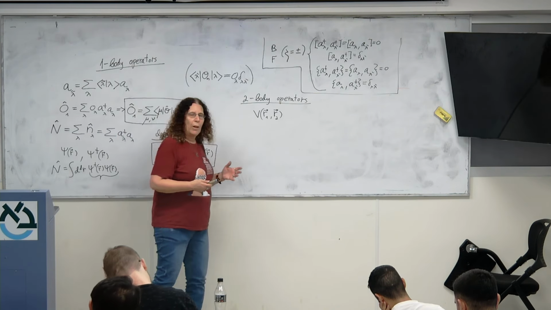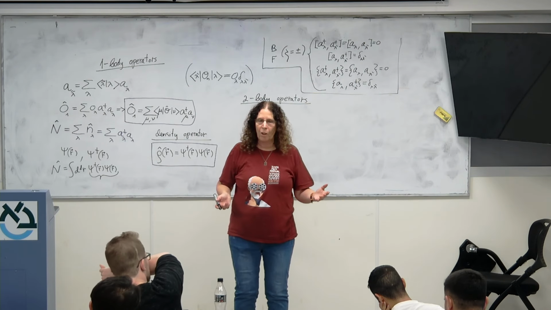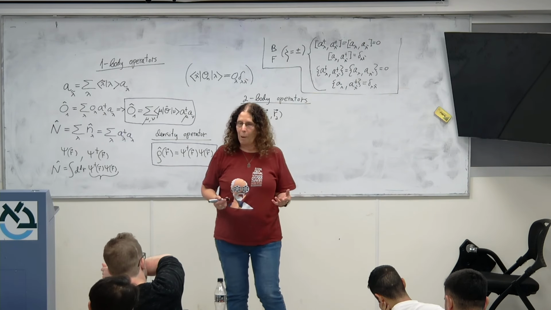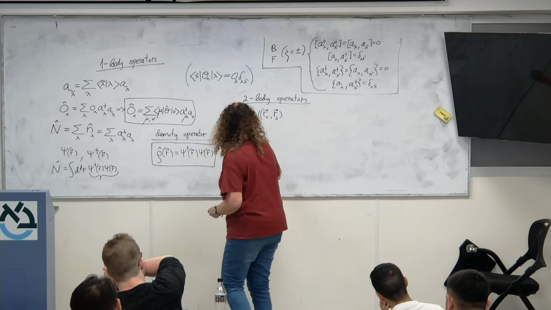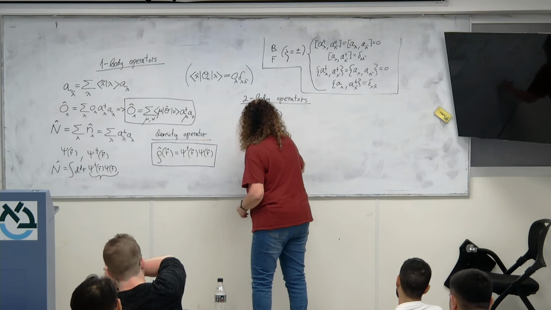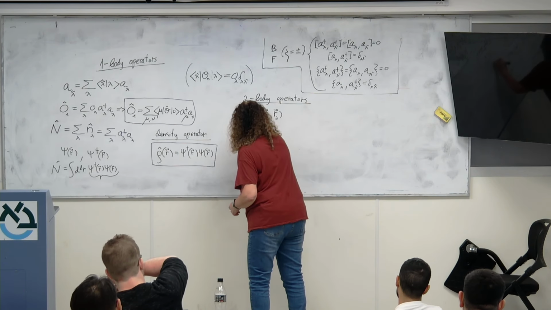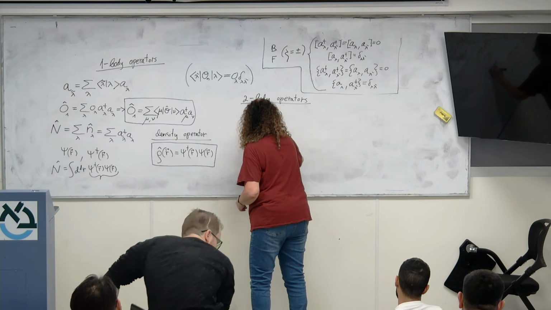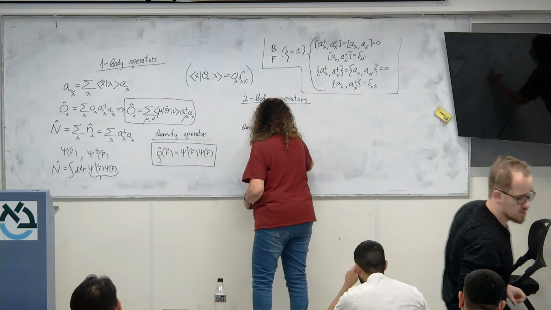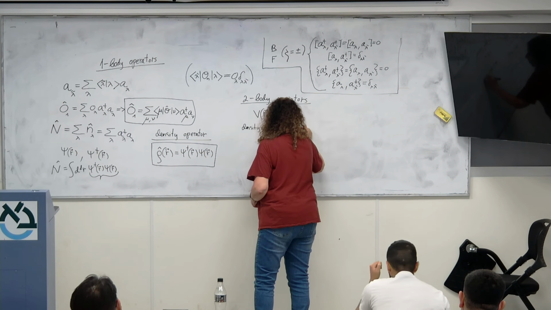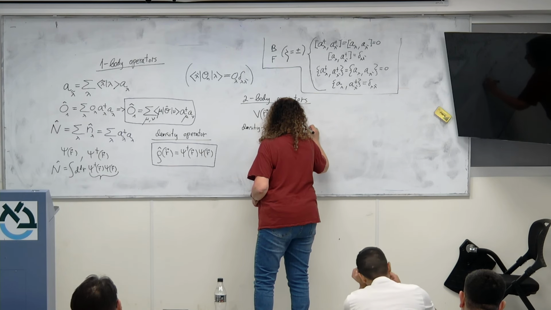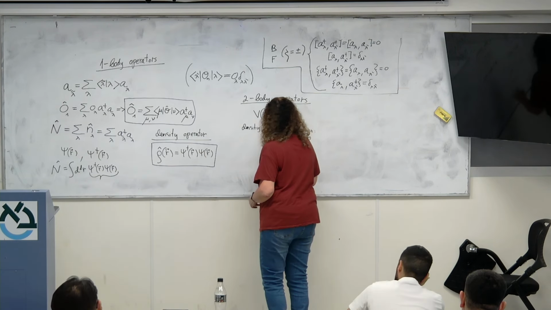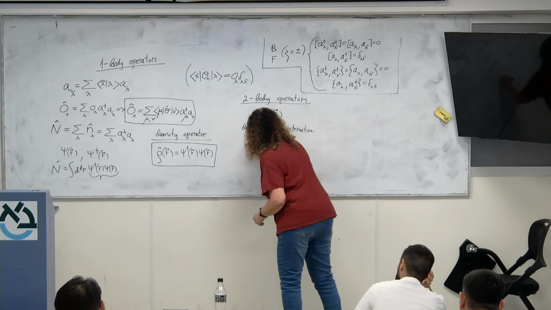So how do you get the total potential energy of the system? You remember? How does the total potential energy look like? And this is in general something I call a density-density interaction.